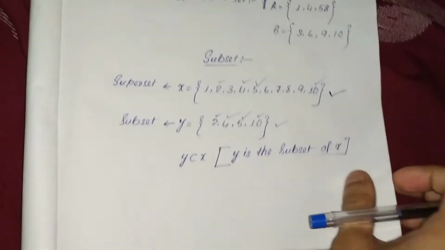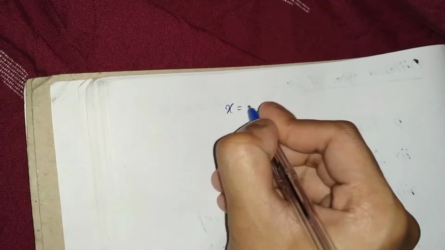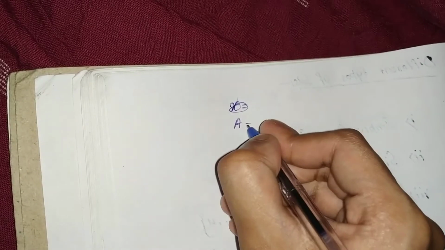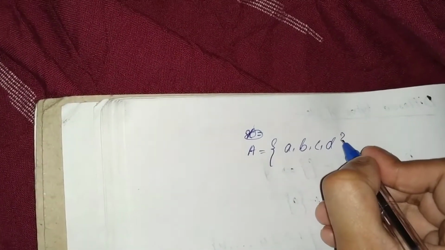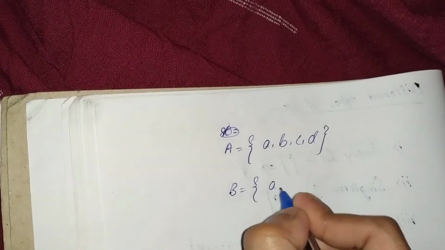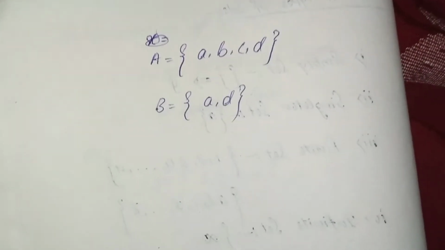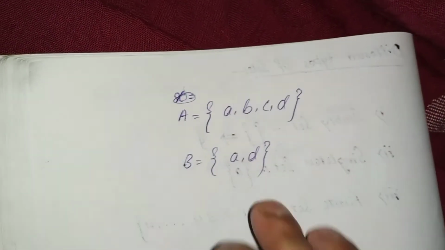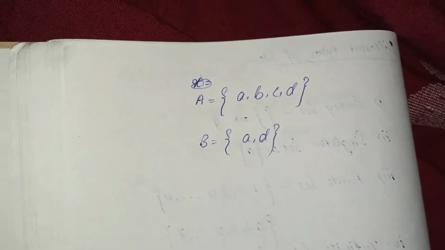I think it's not clear, so I'll give you another example. We take another set A, whose elements are A, B, C, D. Okay, and we take another set B, whose elements are A, D. Can you tell me, between the two sets, which set is the biggest?